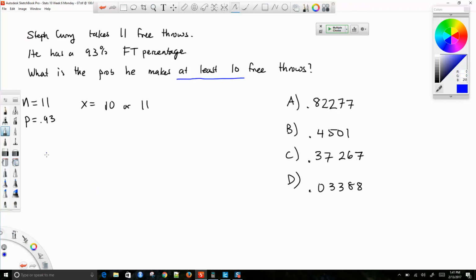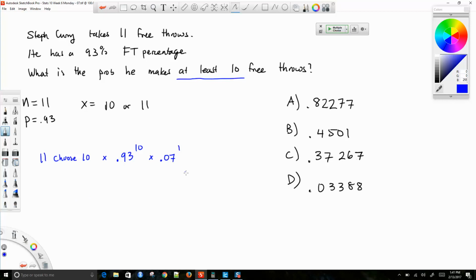We've got one where we've got to do 11 choose 10 for the number of arrangements times, and we need to make the basket, we need 10 makes or 10 hits, so I'm going to have 0.93 raised to the 10th times 0.07, which is the probability of missing one, and we'll put that to the 1 right there.